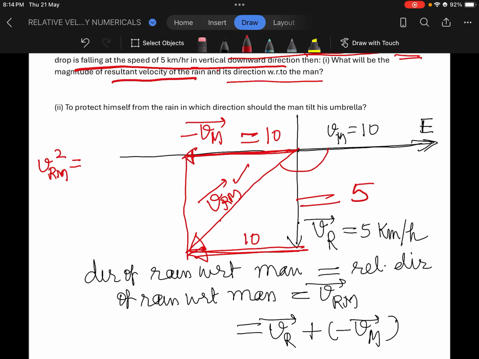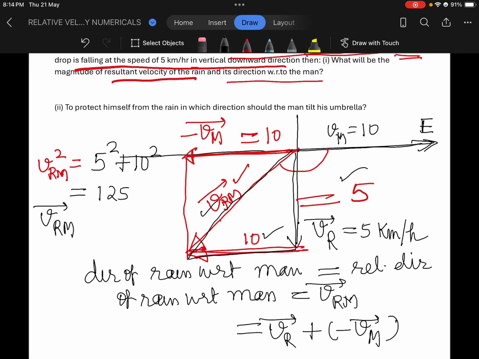In this right angle triangle, VRM square equals 5 square plus 10 square. So it will be equal to 125. So it will be 11 point something, because 11 square is 121. That you can calculate. This will be the resultant velocity. Magnitude of resultant velocity 11 point something.